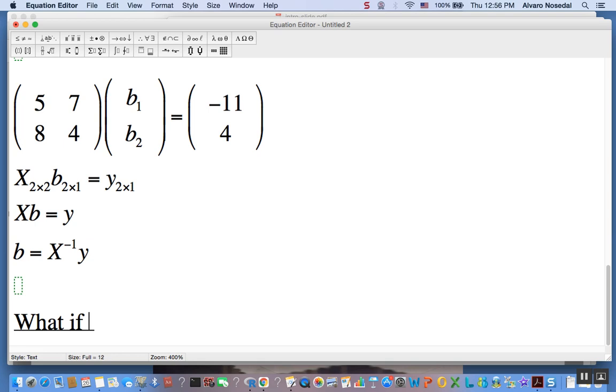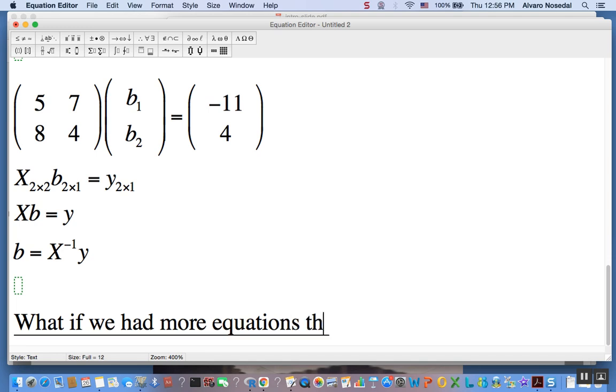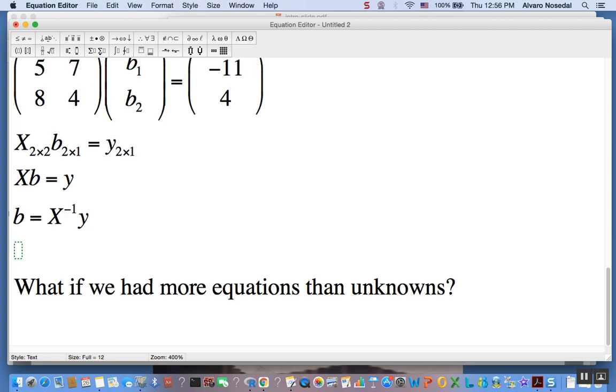What if we had more equations than unknowns? Okay, so let's try and solve a particular problem that looks like that.